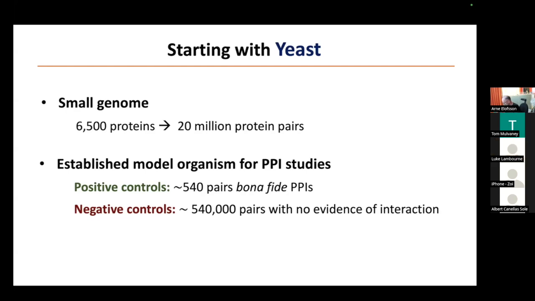evidence of interaction. So it is important to note that since the start of my journey in this direction, I was always trying to put together positive control versus negative control with a signal to noise ratio on the order of 1 to 1,000. Because my ultimate goal is to use this method to identify true biological interactions. And we do really go deeper to study these interactions and we help collaborators.